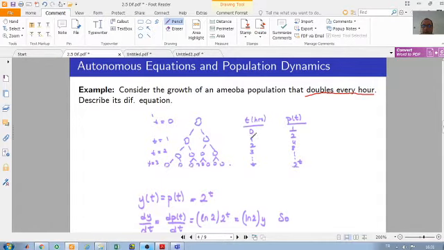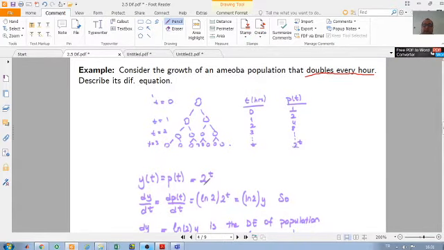After 2 hours, the number of amoeba will be 4 because the population doubles every hour, and so on. At time t, the population will be 2 to the power t. Therefore, y of t is equal to 2 to the power t, which states the amount of the amoeba population according to the example.